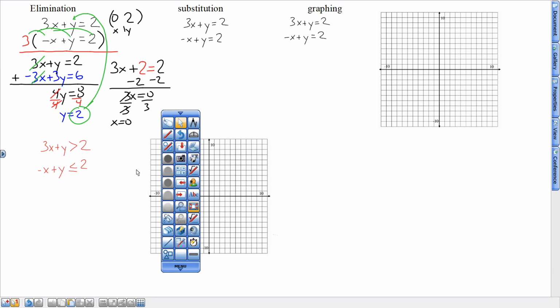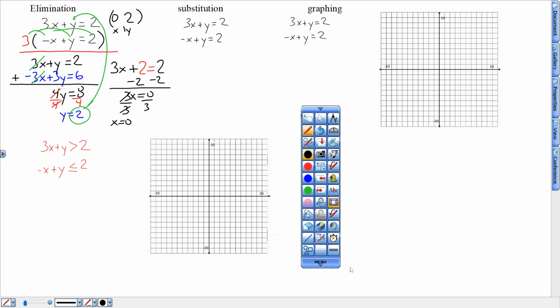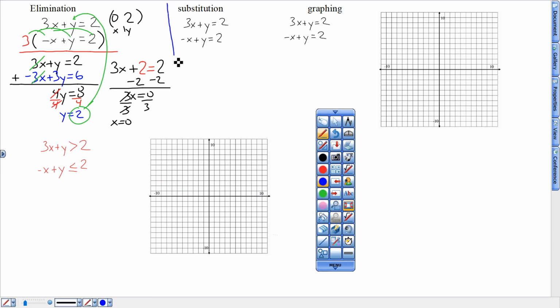All right, next problem. Same exact answer I'm going to get, but I'm using the substitution method instead. I'm going to solve one of those for y, and I'm going to substitute that into the other equation's y. So if I take that bottom one and solve it for y, I'll get y equals x plus 2. You're going to take that x plus 2 piece and substitute it for y in the other equation.